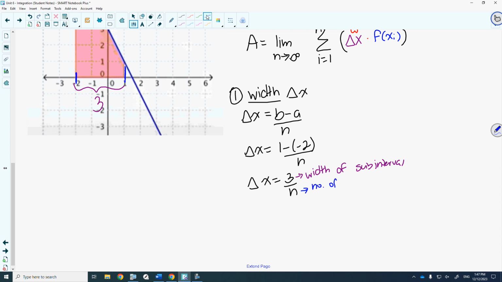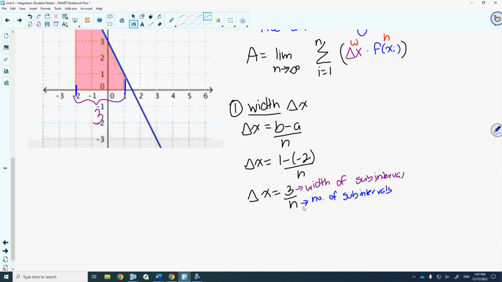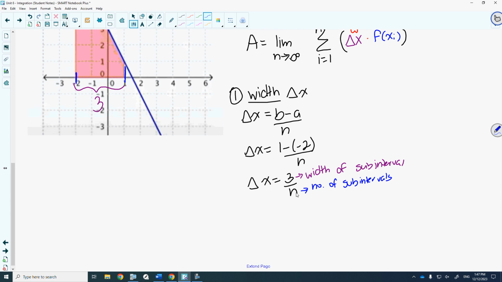The subinterval was from negative 2 to 1. If I divided this into 3 rectangles, I would have a width of 1. We're going to try to get n to approach infinity, and then our width would approach 0. The more rectangles we get, the better our approximation for area will be.